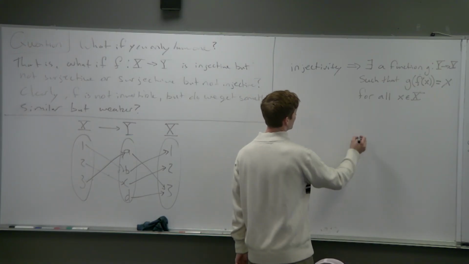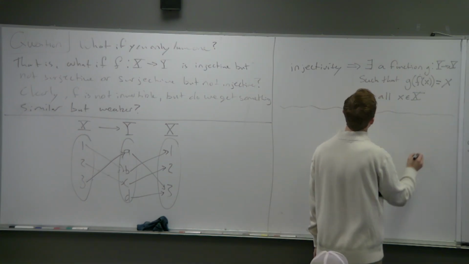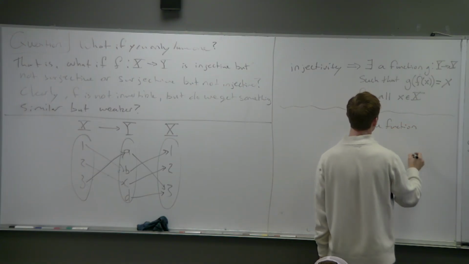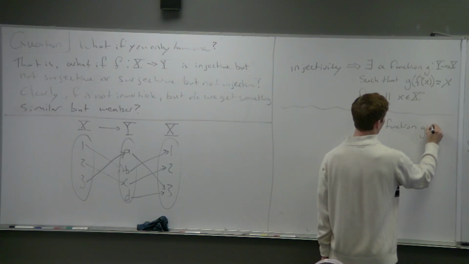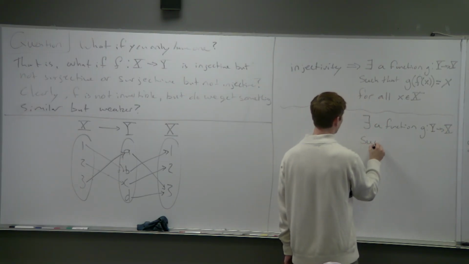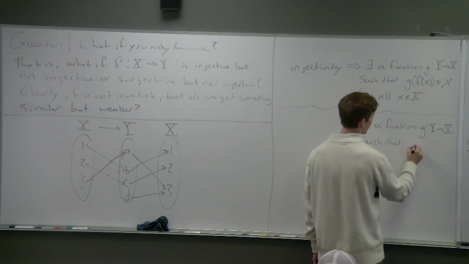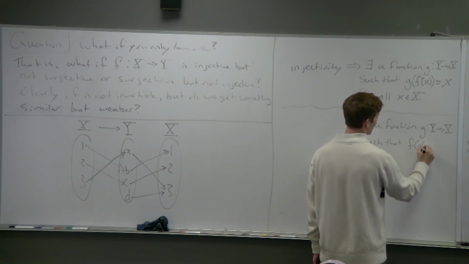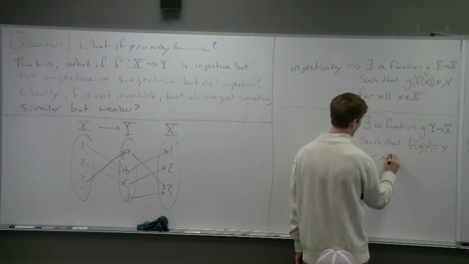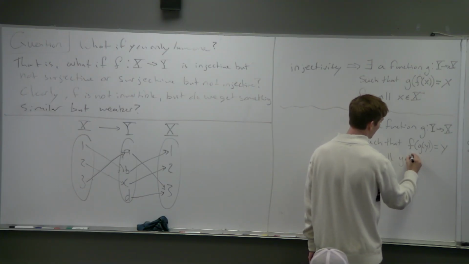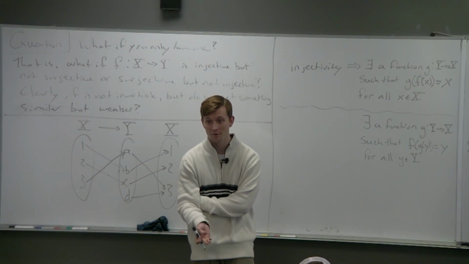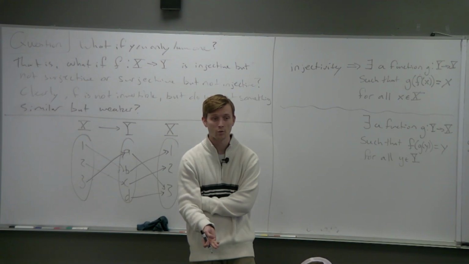That is, if I say the other one here, say there exists a function g from y to x such that f of g of y is equal to y for all y in big Y, some function I can put inside of f, some function I can do first instead of after to get back to where I started in y.